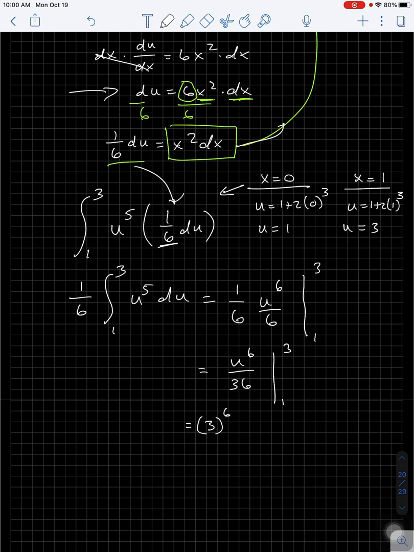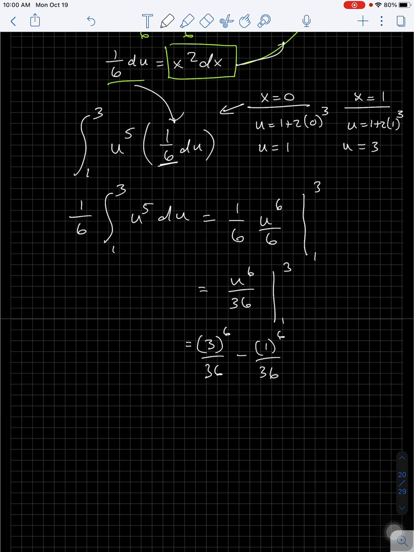So 3 to the 6th over 36 minus 1 to the 6th over 36. And I think that ends up being 182 over 9. And that's your answer. Okay. So again, recap: when there's numbers here, you don't have to substitute back in for x after you integrate. Just plug in your new numbers and you're done.